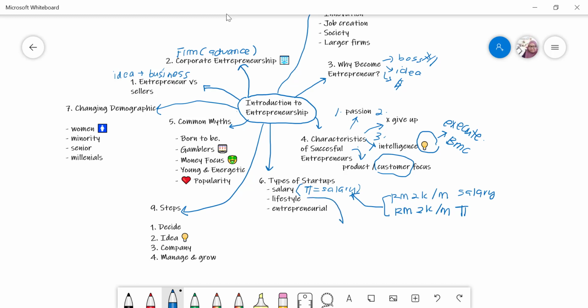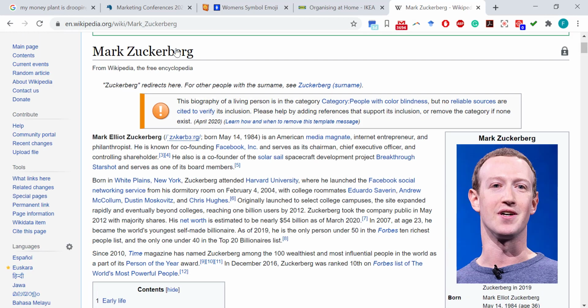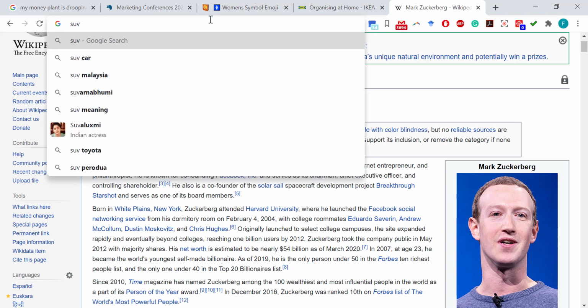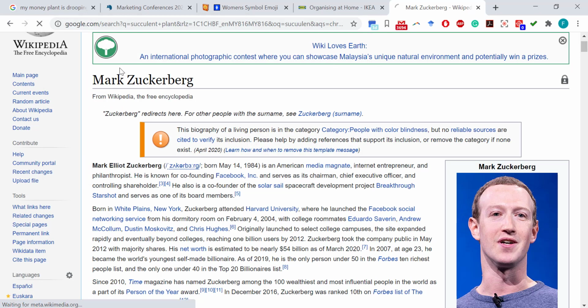Lifestyle: you change your hobby or lifestyle into your business. What kind of example of lifestyle? Nowadays a trend is succulent planting.